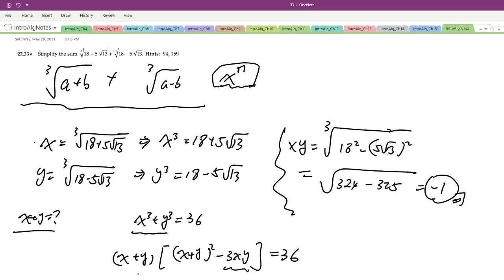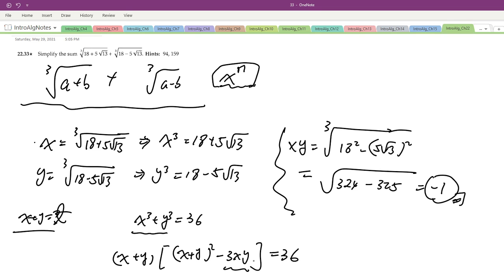So now you can see x plus y is equal to t, okay? So we have t cubed plus 3t equals 36, right? Now we become a cubic function, right?